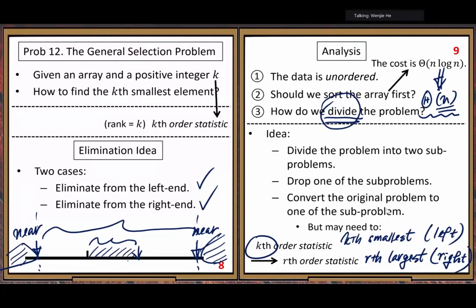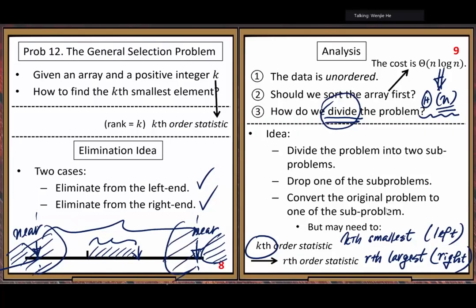In the divide step, we don't want to do too much work, but we try to avoid the very bad unbalanced cases near the two ends.